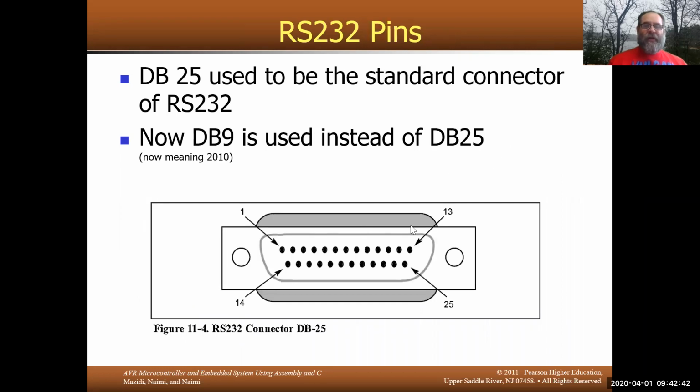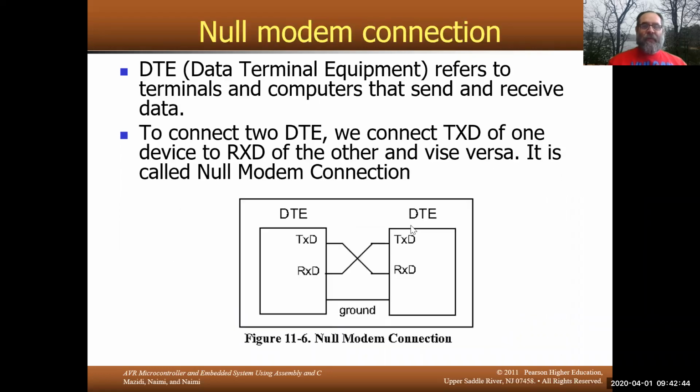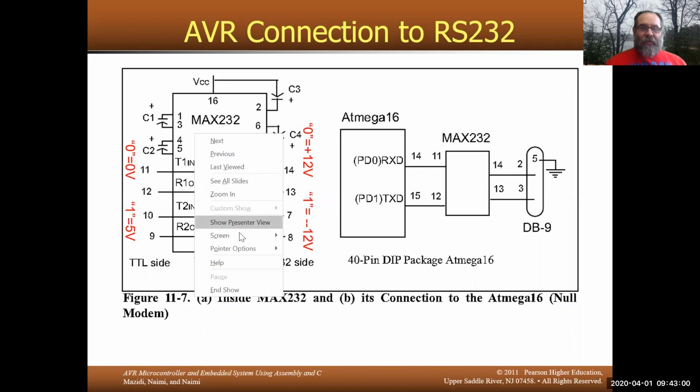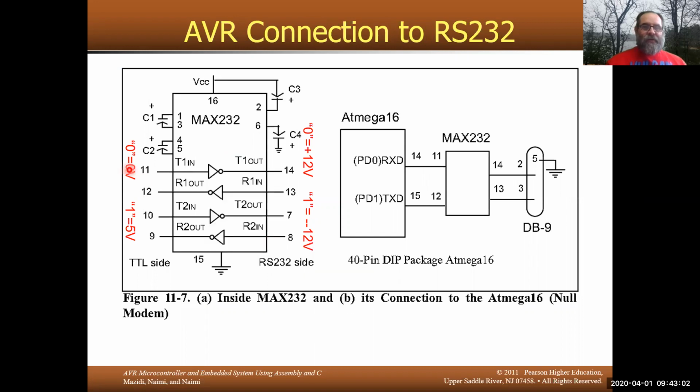There are some standard connections that we talked about last time. Then there are chips, such as a MAX232. There's also a 75188, 75189, that are specifically designed to change TTL levels. Let me put a pointer on here. Specifically designed to take a TTL level, 0 volts or 5 volts, and change it into a plus 12 or a minus 12.